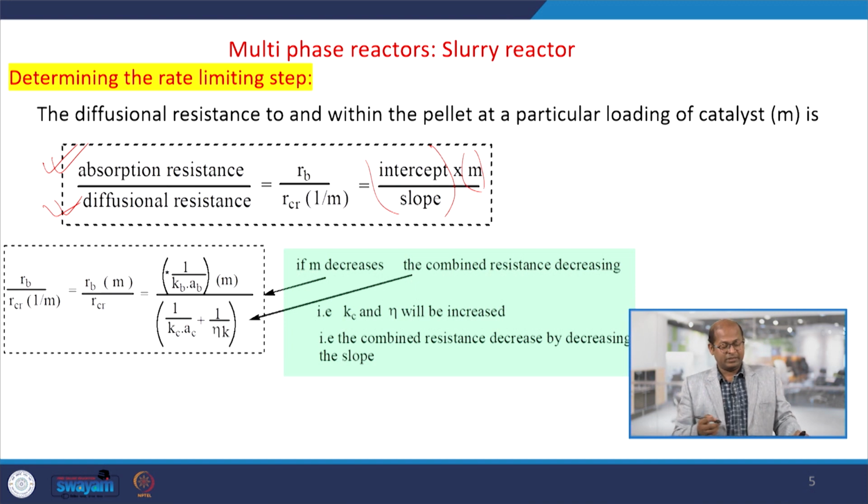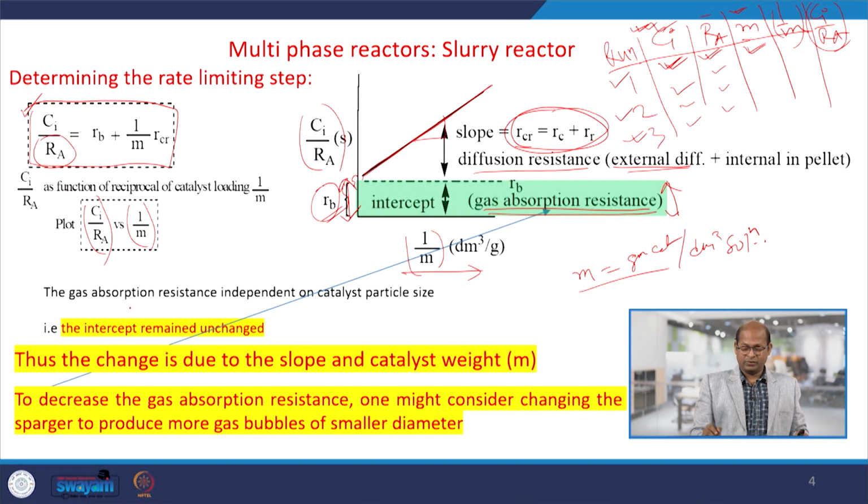Here you can see RB remains the same, and RCR with 1 by m. Putting m at the top, RB we can write as 1 by KB into AB, and at the denominator we can write 1 by RCR equals RC plus RR.